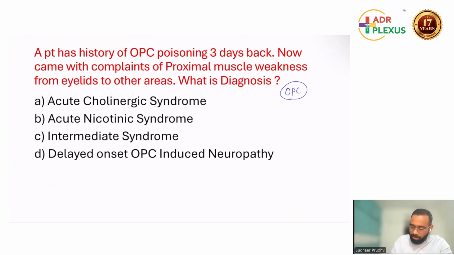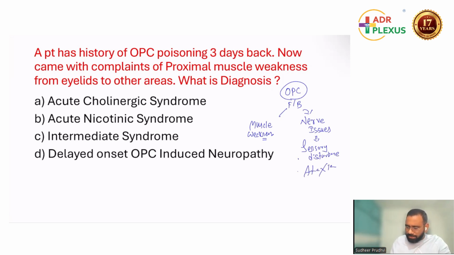If OP compound poisoning is followed by muscle weakness, maybe after a couple of days, 2 days, 3 days, 4 days, there is one terminology. And if it is followed by some nerve issues, it might be sensory disturbance, or it might be some ataxia.